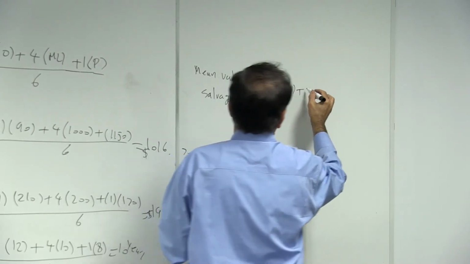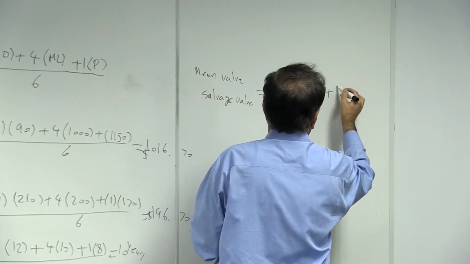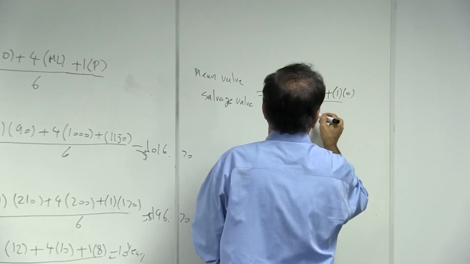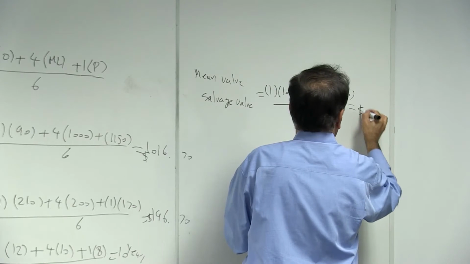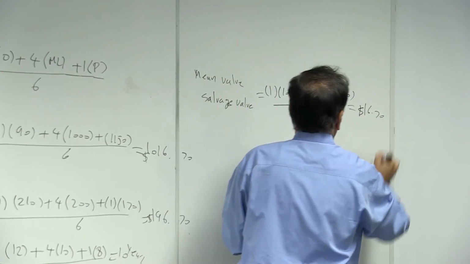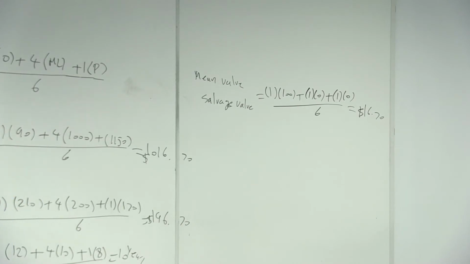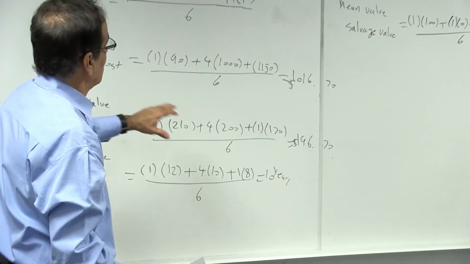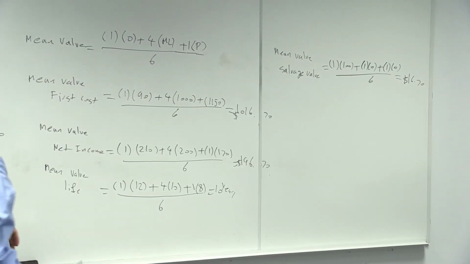And the pessimistic value was 0, and also the most likely. If I divide over 6, I get $16.70. So once we have all the information regarding the initial cost, net income, the life, and the salvage value based on the mean value, now we're going to find the rate of return here.